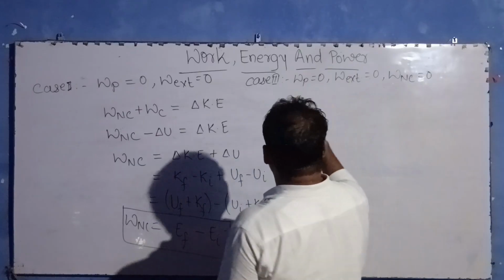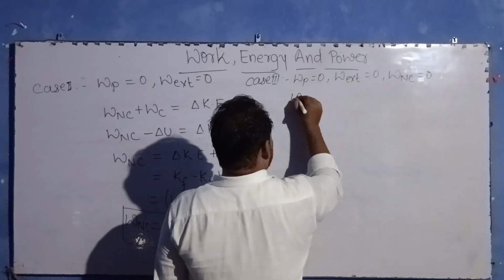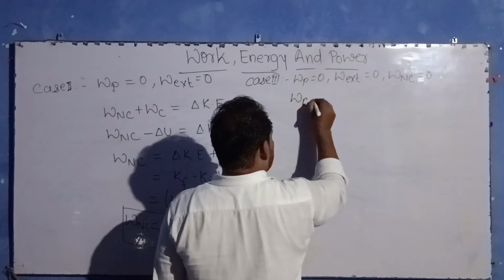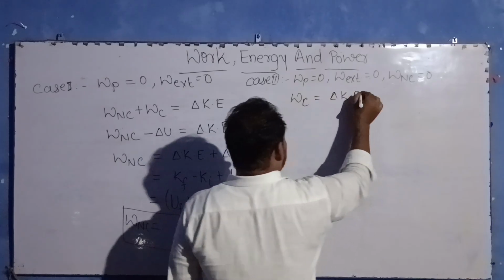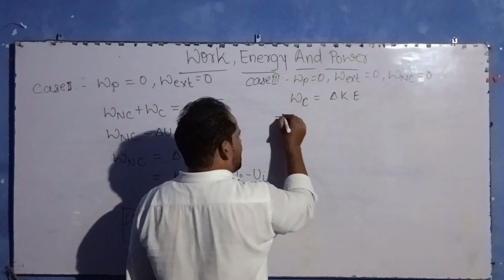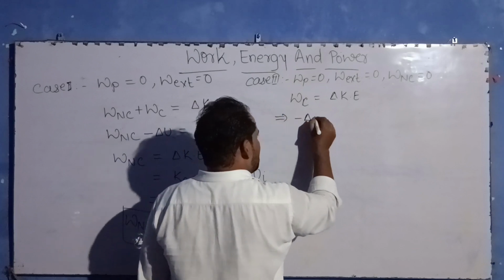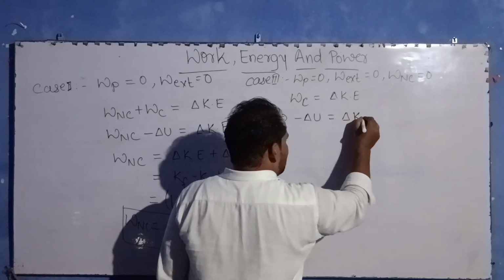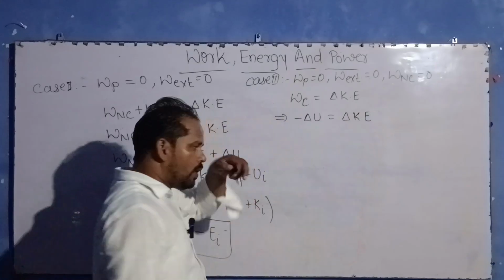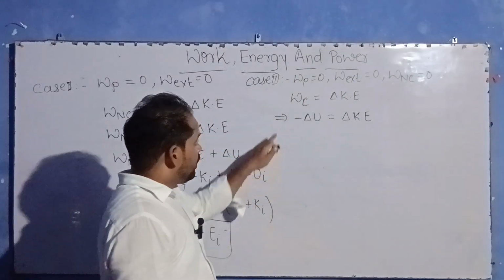Then by the work energy theorem, work done by conservative force is equal to delta KE. We know that work done by conservative force means negative times the change in potential energy, which is equal to delta KE.